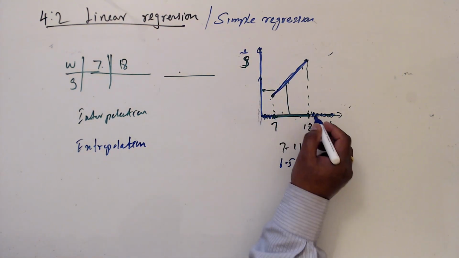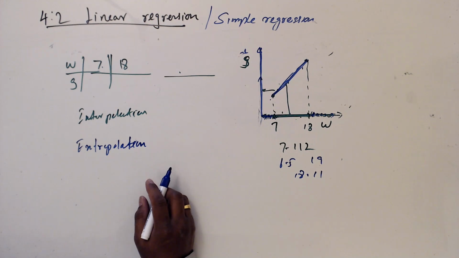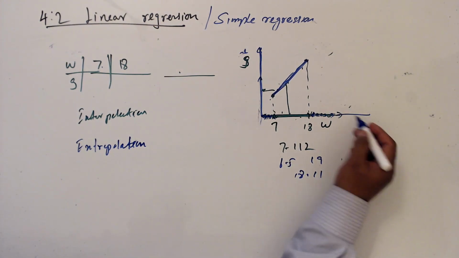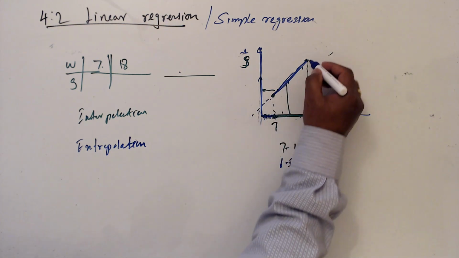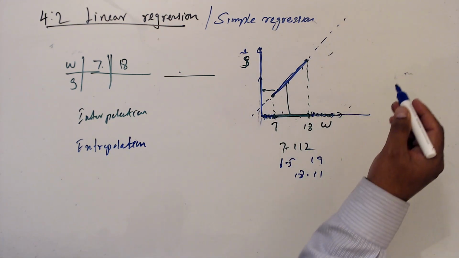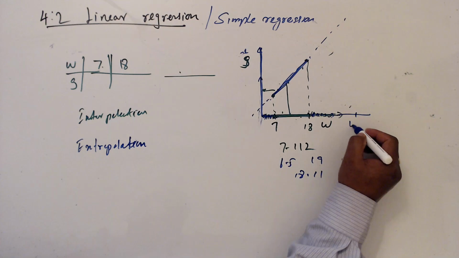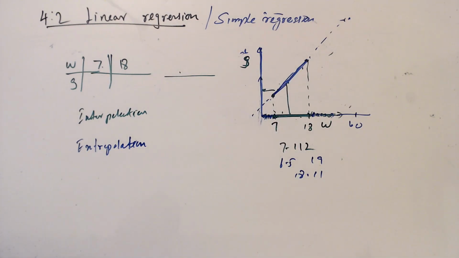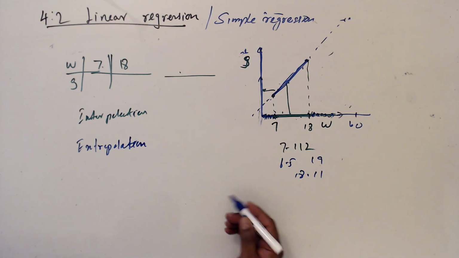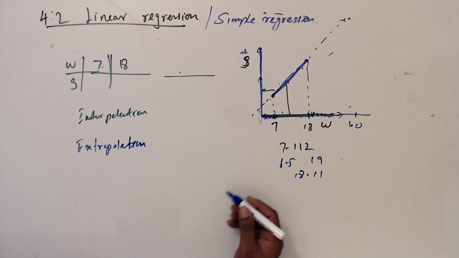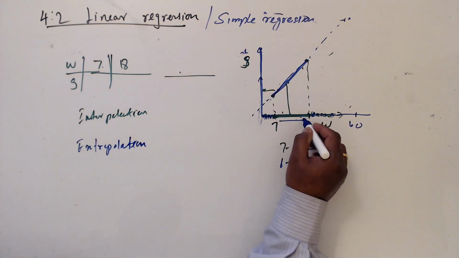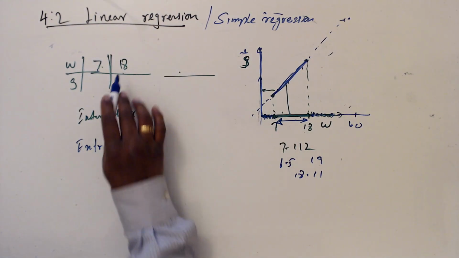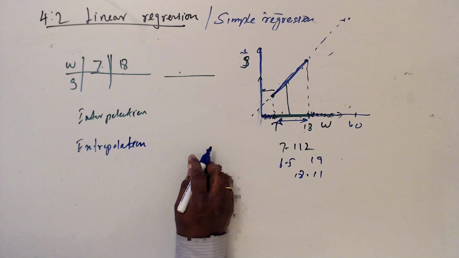Usually these extrapolation values are not reliable, as it is going further and further. So assume the curve is going like this, then at W, let's say around 60, we will get this kind of response value. They are not reliable values. The values are reliable within the actual range. The minimum value is 7 and the maximum value is 18.